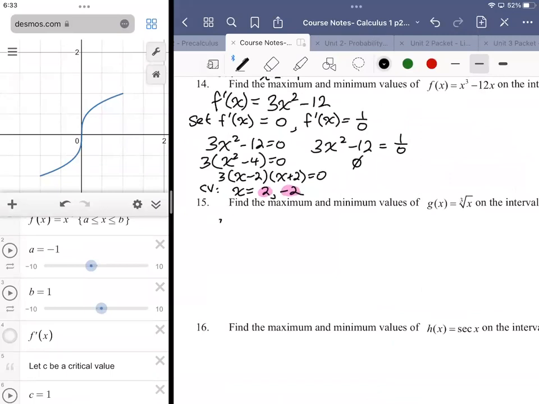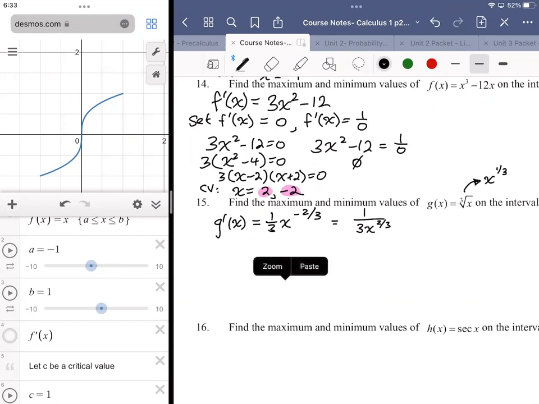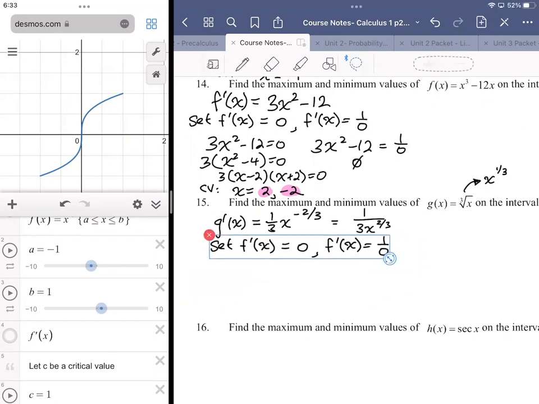So g prime of x, and again, this is the same as saying x to the 1/3 power. g prime of x would be 1/3 x to the negative 2/3. I would rewrite that as 1/3 x to the 2/3, because our next step involves setting it equal to 0 and setting it equal to 1/0.